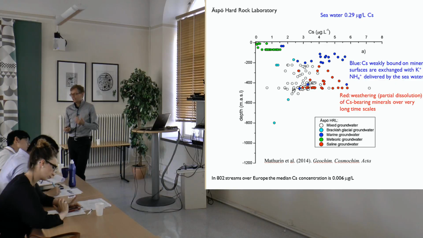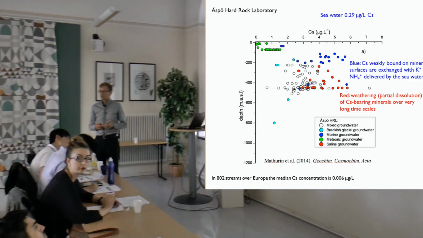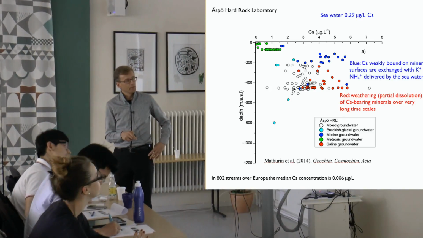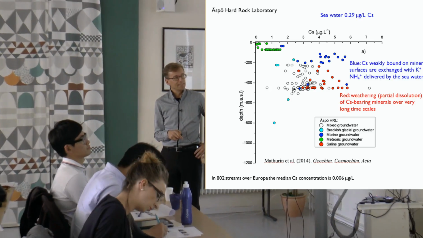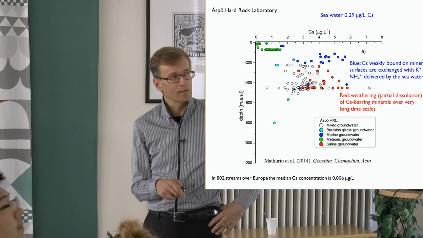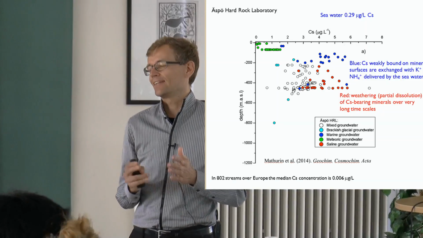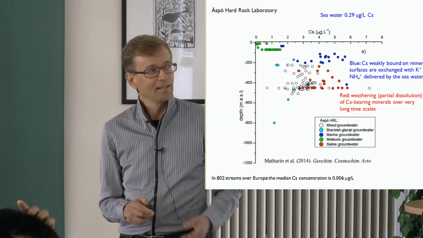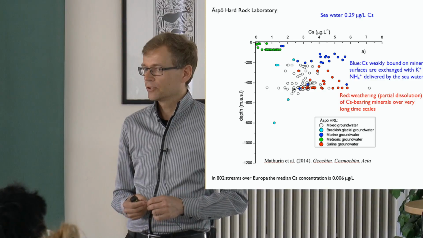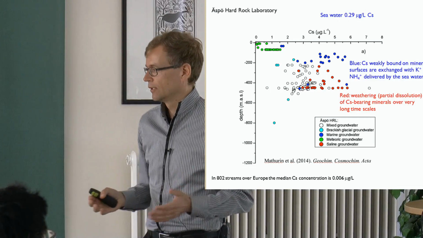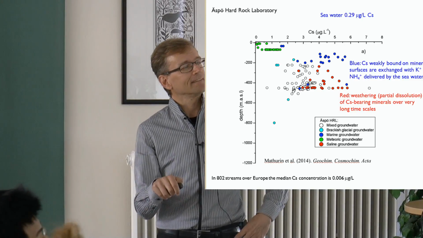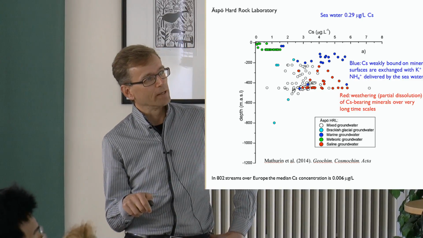Now one could think that, okay, cesium is correlated to the age of the water, but it is not, because we know that the groundwater with seawater origin penetrated less than 20 years ago. And we think that this red, the old saline, is millions of years old. So the cesium concentration is not correlated with age. Now take the first case, this blue one.